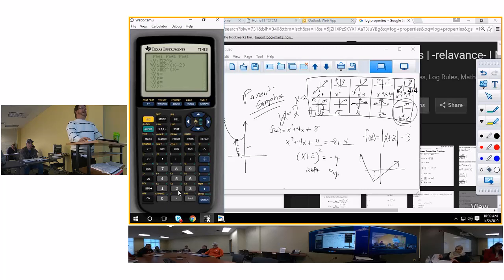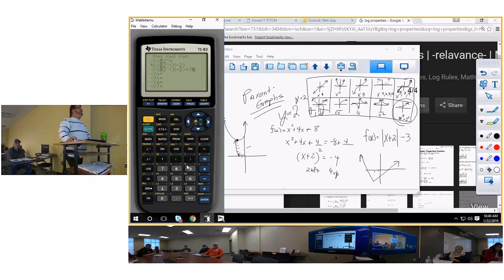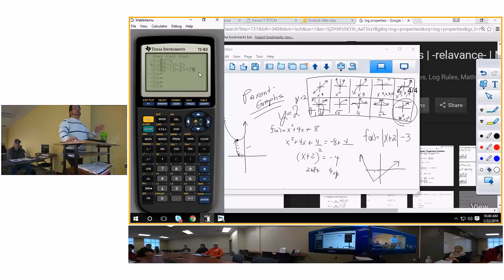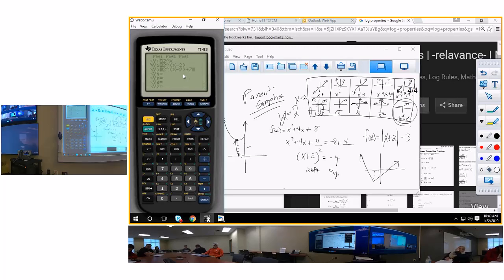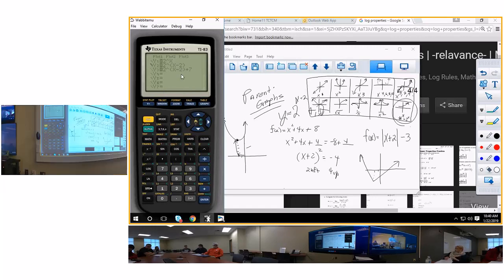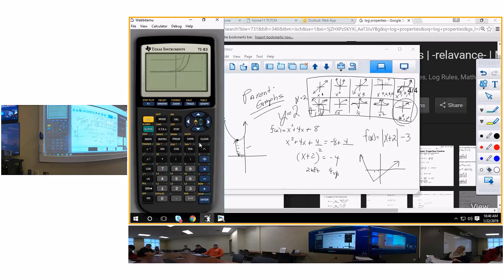There, the 2 is attached to the x. Now I'm going to go plus 7. And what is that 7? A vertical shift of 7 what? Up or down? You only got 2 ways. Up. When it's in that form right there, the negative is always opposite. What's attached to the x, that shift is always opposite. That vertical shift will be 7 up. So hit graph, and look at there. It's a miracle. 7 up.